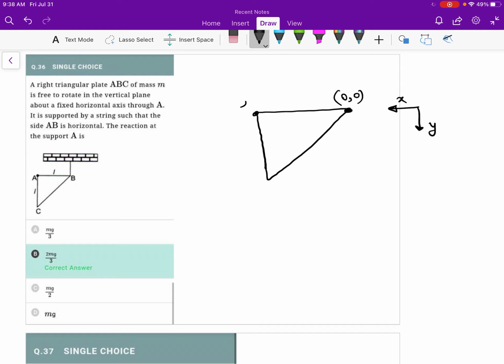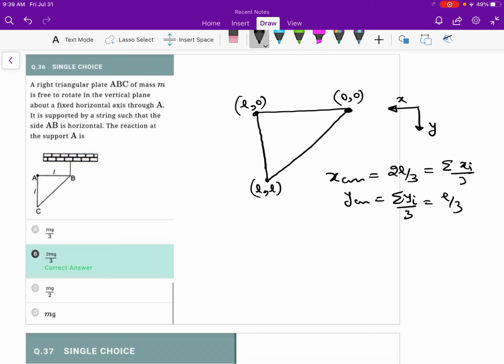So this has coordinates 0, 0, this has coordinates L, 0, and this has coordinates L, L. So xcm is 2L by 3 and ycm is, xcm is sigma xi by 3 and ycm is sigma yi by 3, that is L by 3. So center of mass of this triangular lamina is located somewhere here. It is 2L by 3 horizontally displaced and L by 3 vertically displaced.